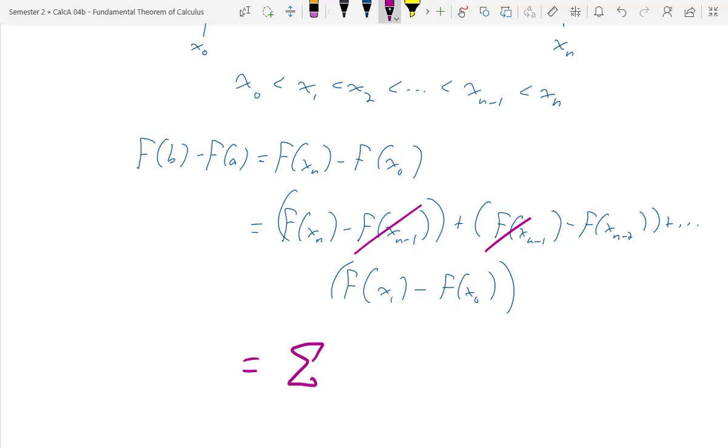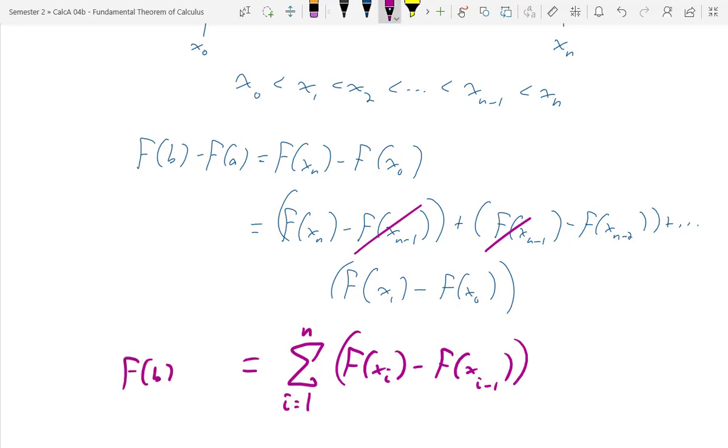This is the sum of all of the f of x sub i minus f of x sub i minus 1's. It's the sum of all of those from i equals 1 all the way up to n. And that is capital F of b minus capital F of a.